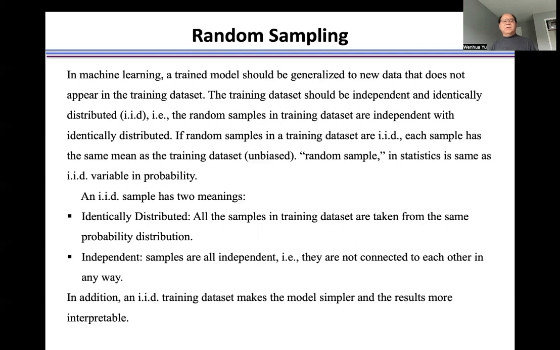By using the i.i.d. property, we can calculate the probability distribution for each sample, and then we multiply their results. An i.i.d. training dataset also makes the result more interpretable. Interpretable means that since we know the training dataset is i.i.d., we know exactly what the results mean.